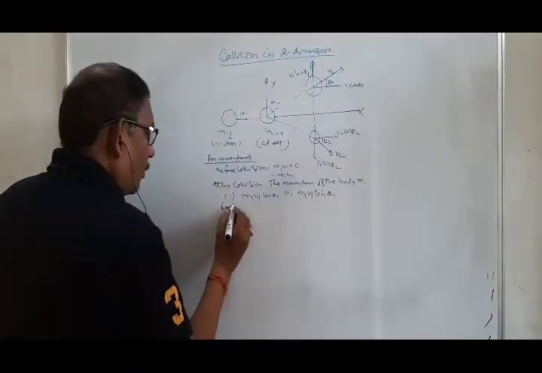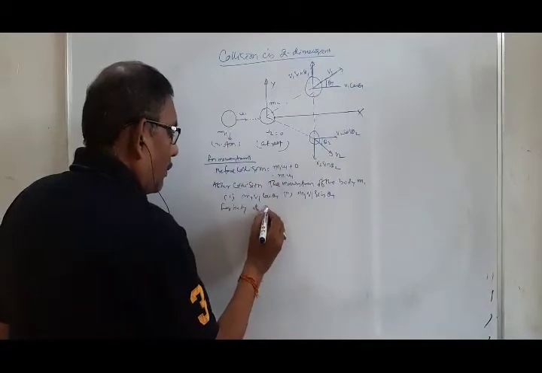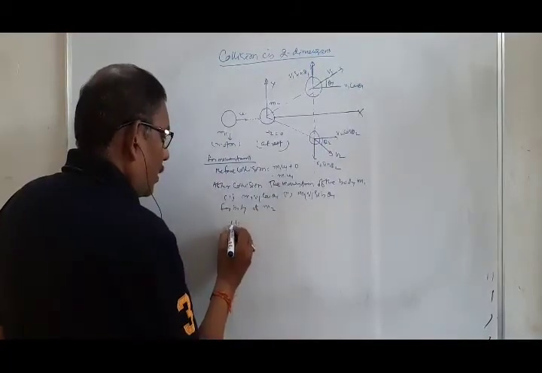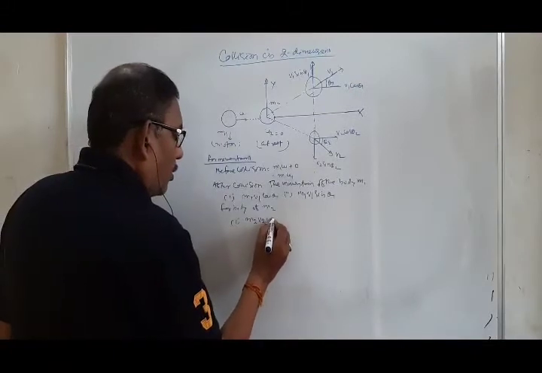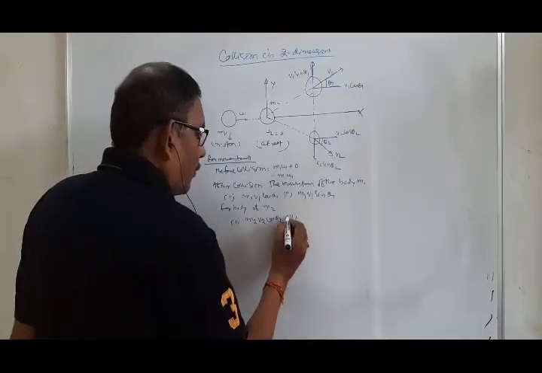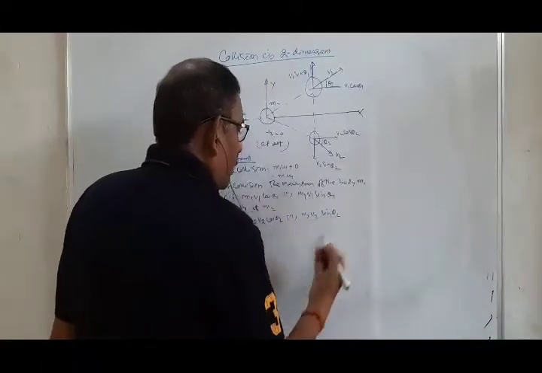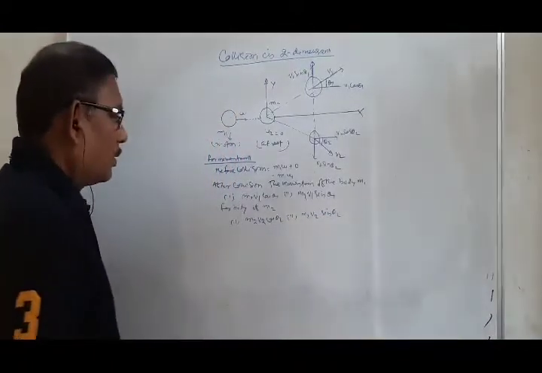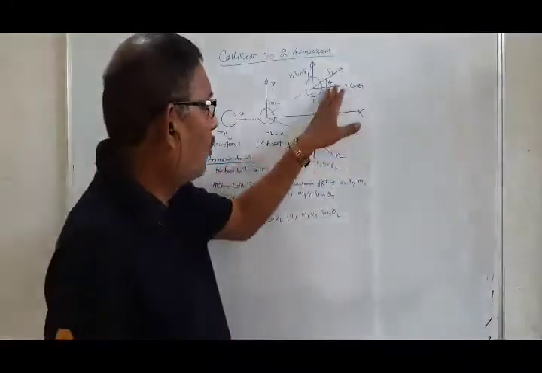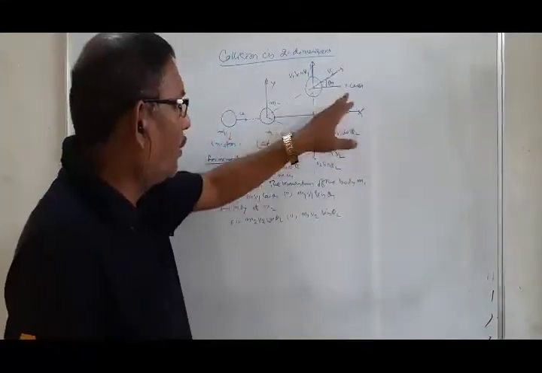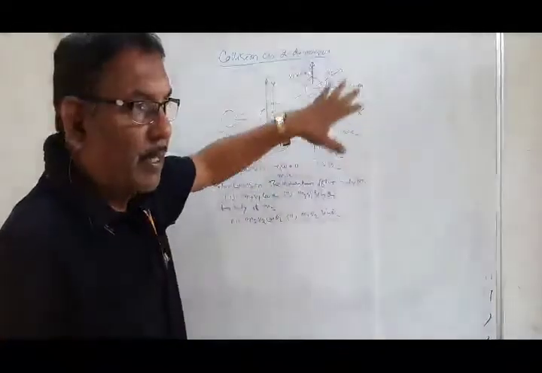Similarly, for the body of mass m2, it is m2 v2 cos theta 2 and m2 v2 sin theta 2. So this is the momentum after collision of bodies 1 and 2, with two components, one along the x axis and another along the y axis.